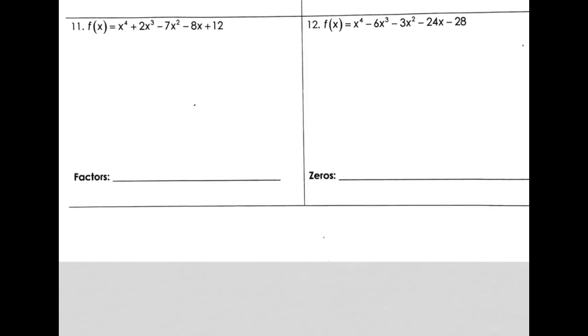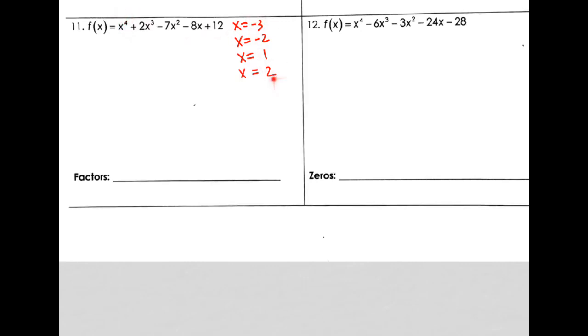And so when you do that, luckily on this one, it shows you that x is equal to negative 3, x is equal to negative 2, x is equal to 1, and x is equal to 2. It gives you 4 zeros right here. Well, guess what? All we need is 4 zeros.